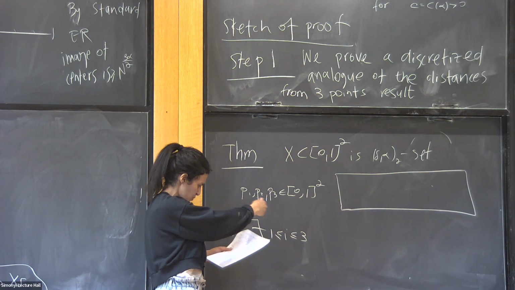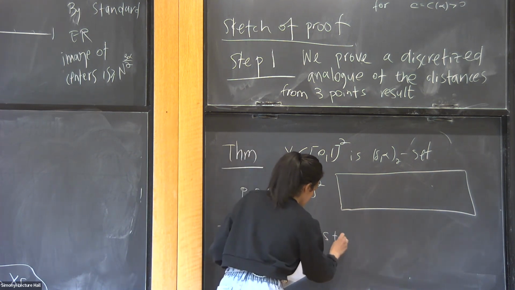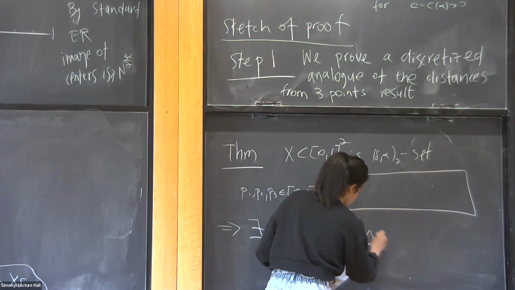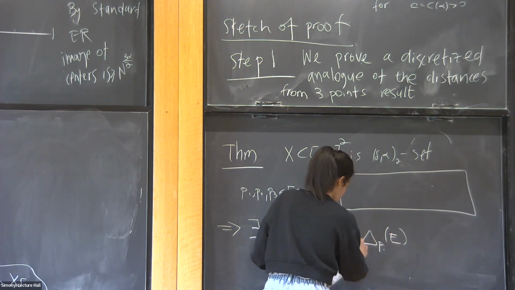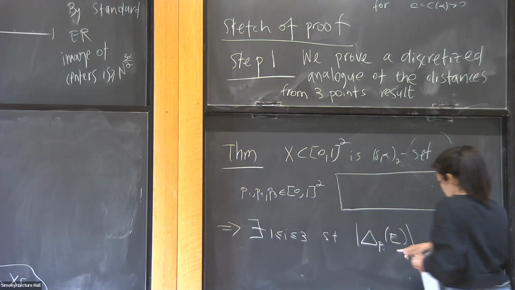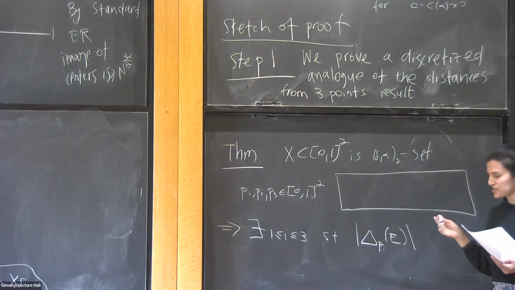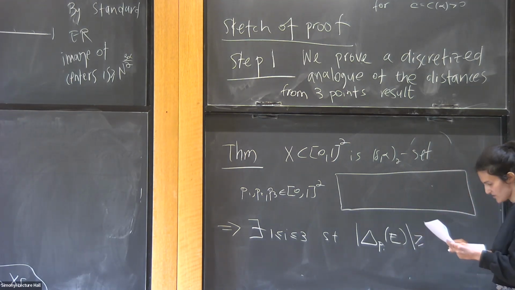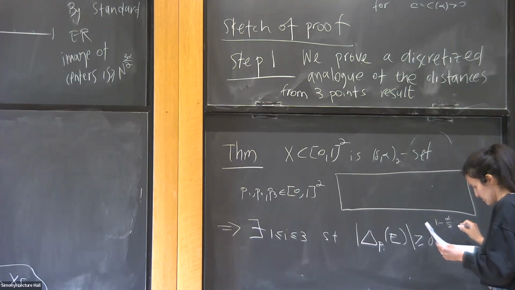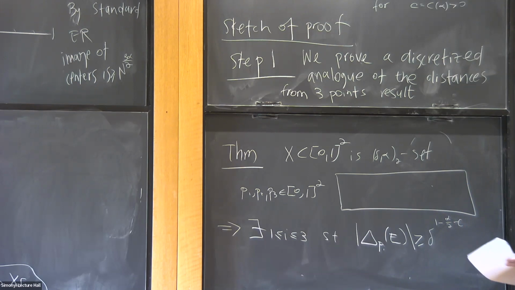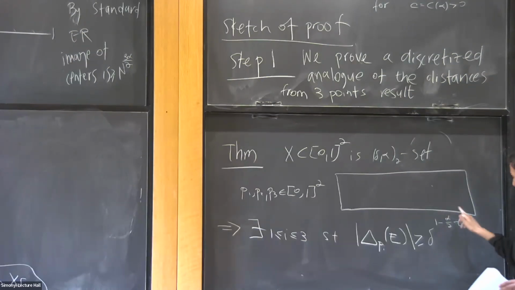So there is some i between 1 and 3 such that this set of distances has one-dimensional measure larger than delta to the power 1 minus alpha over 2 minus c, which is more than alpha over 2. You need to think about it as alpha over 2 plus c. Okay? So what do I want to write here?